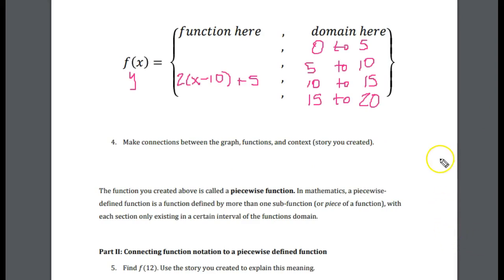Another thing to remember when you're considering writing your domain, we just wrote this as 0 to 5, 5 to 10. We were thinking about the intervals. But don't forget, we have a couple of formal ways to write intervals. We can use inequality notation to write something like 0 is less than x is less than or equal to 5. This would be one way that I could represent 0 to 5.